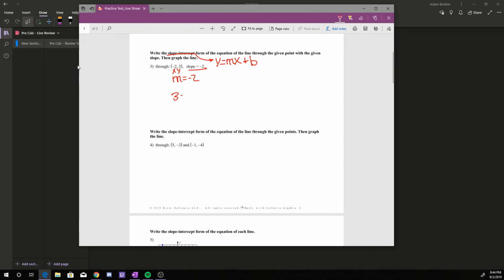So 3 is equal to -2 times x, which is also -2, plus some number b, which we don't have. If you carry this out, 3 is equal to 4 plus b. Subtract 4 from both sides. So -1 is equal to b. Plug that into our original equation, so y is equal to -2x minus 1.